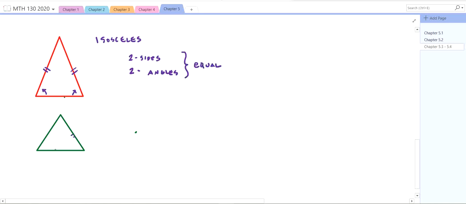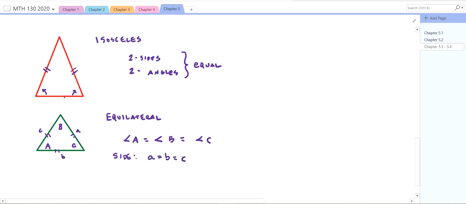If all the sides and all the angles are the same, we call this equilateral. And I already broke my rule, let me go fix that. Okay, so in an equilateral triangle, angle A equals angle B equals angle C, and side a equals b equals c. They're all the same length.